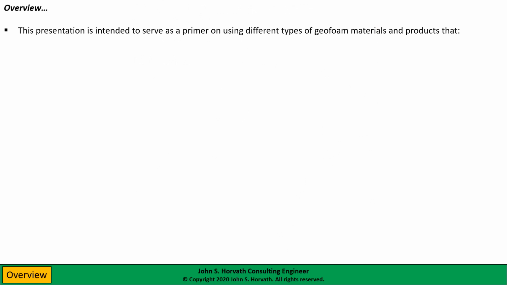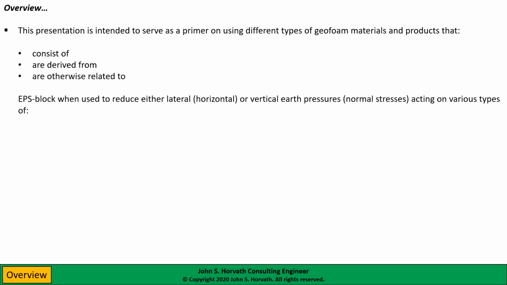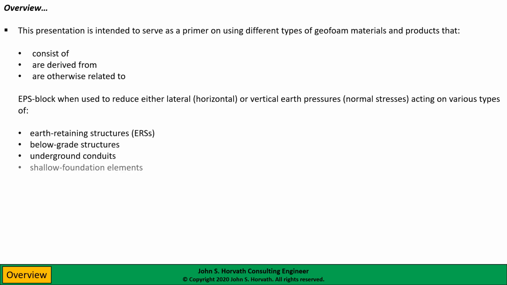This presentation is intended to serve as a primer on using different types of geofoam materials and products that either consist of, derived from, or otherwise related to EPS block when used to reduce lateral or vertical earth pressures acting on various types of earth retaining structures, below-grade structures, underground conduits, and shallow foundation elements such as structural slabs over expansive ground. And this would be under both gravity and seismic loading conditions.